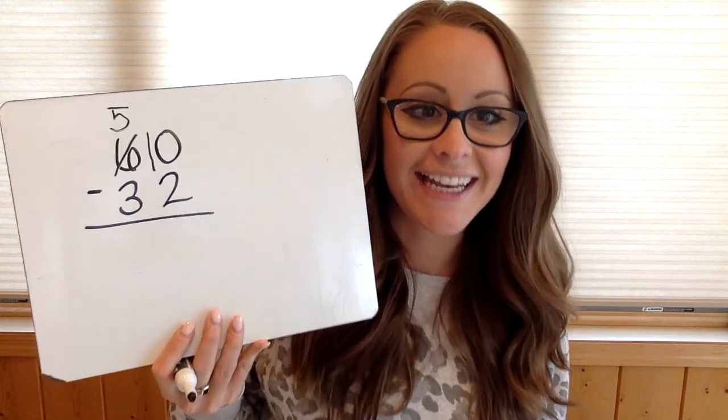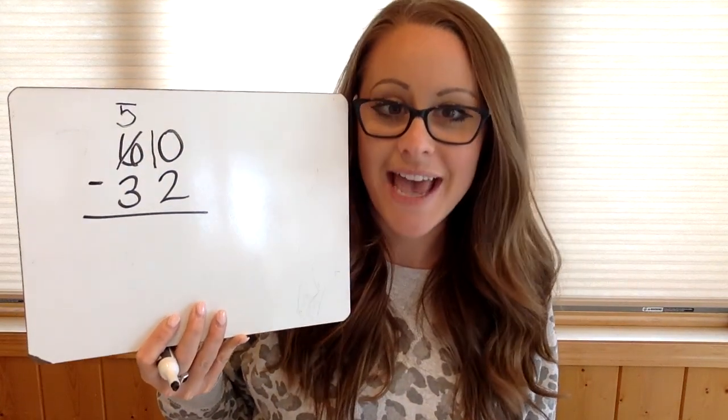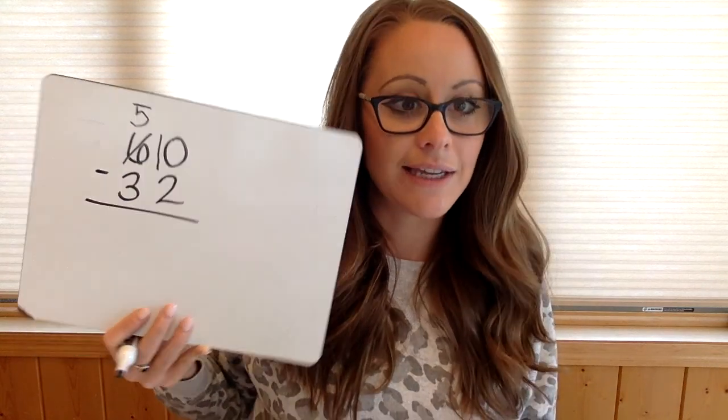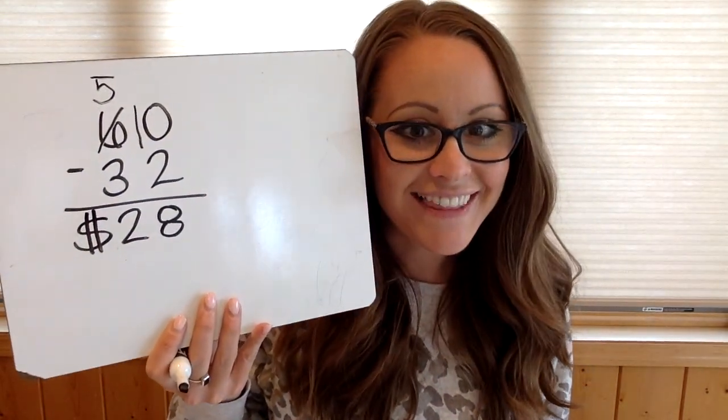So instead of 0 tens, now I have 10. I have enough to subtract, and then I can. So I can do 10 minus 2 is 8, and 5 minus 3 is 2. Okay, we're almost done. Don't forget your dollar sign at the end.